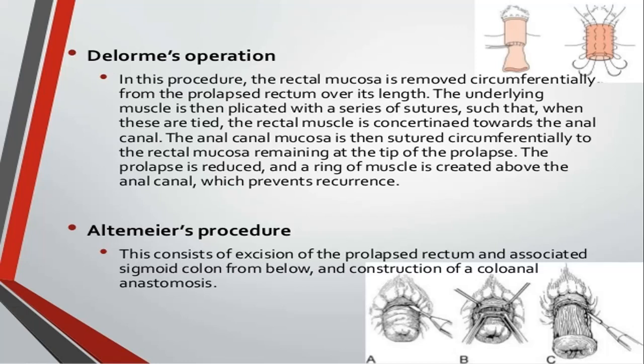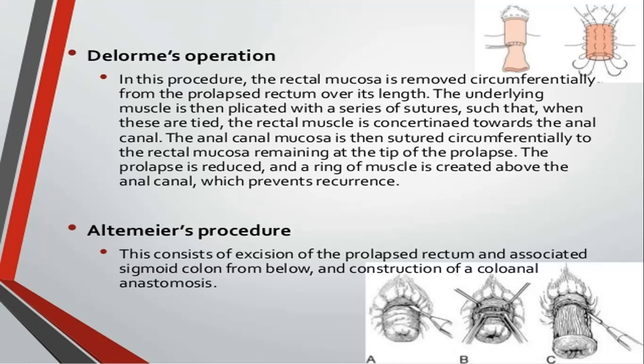Delorme's operation, in this procedure, the redundant, extra rectal mucosa is removed circumferentially from the prolapsed rectum. The area of the prolapsed rectum, we have removed over its length. So after removing the mucosa circumferentially, there were the underlying muscles.